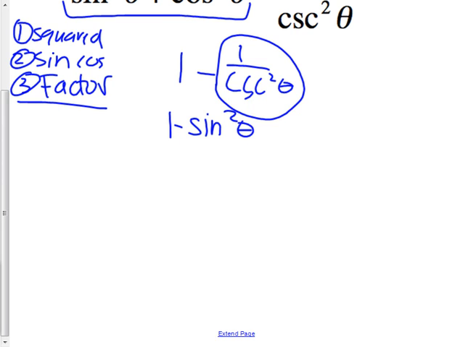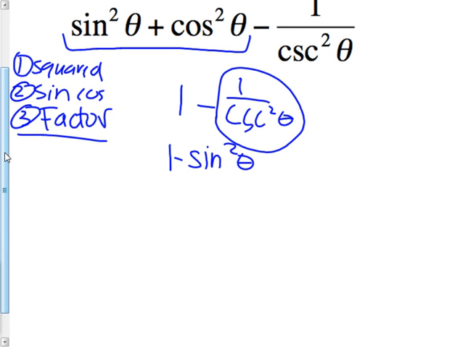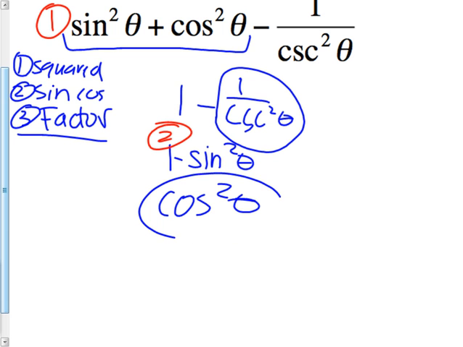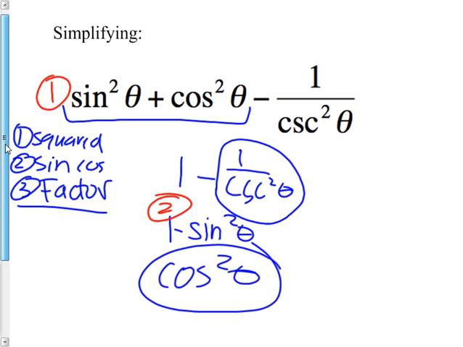Okay? So I use the Pythagorean identity up here. And it appears that I might be able to use it again here. What is 1 minus sine squared? Cosine squared of theta. Who got that? Raise your hand. Good, good, good.